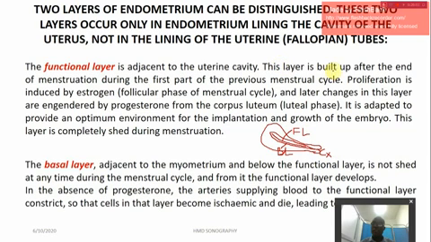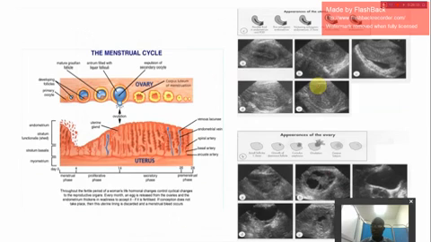This layer is built up after the end of menstruation during the first part of the menstrual cycle. So you are seeing here the menstrual phase, the proliferative phase and the secretory phase.